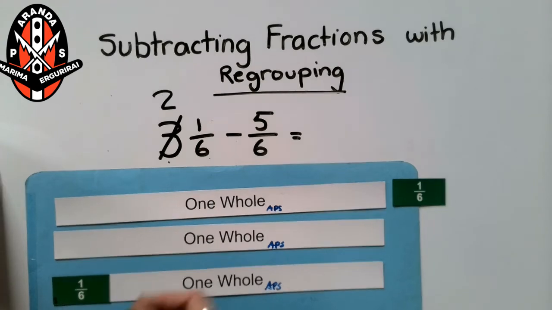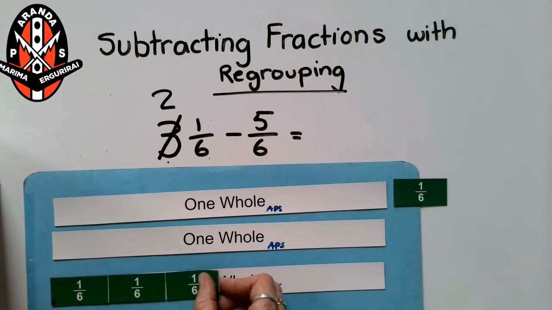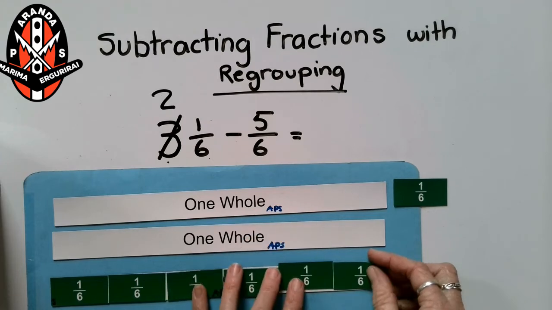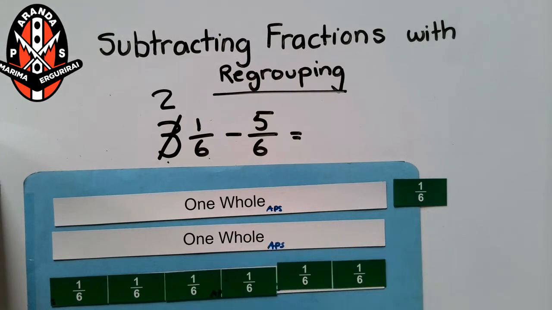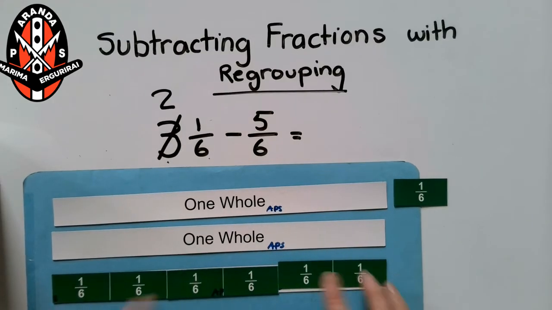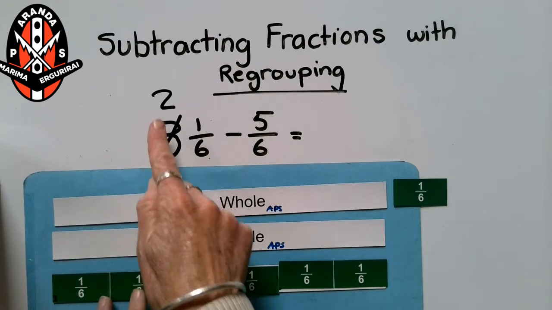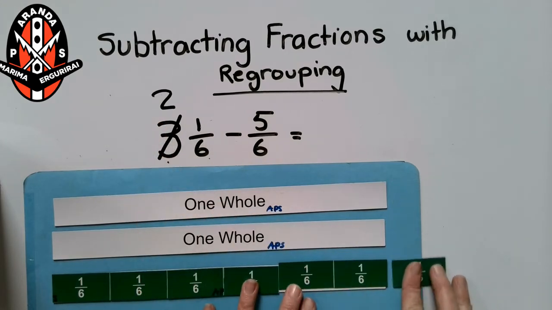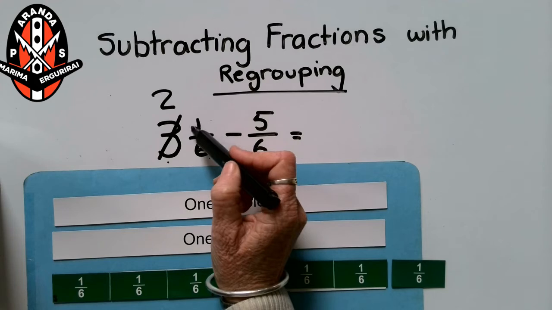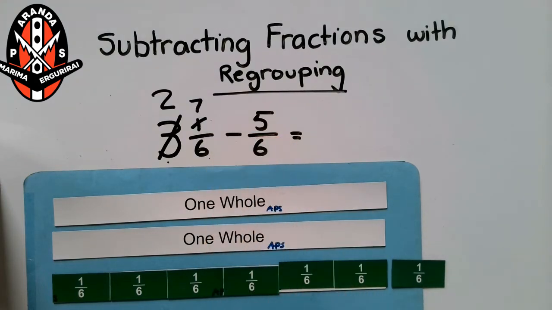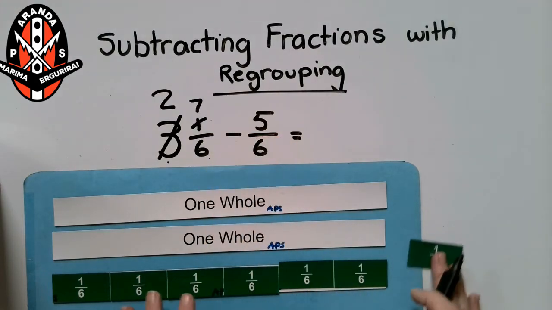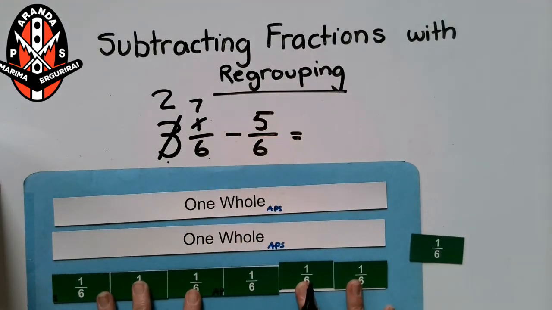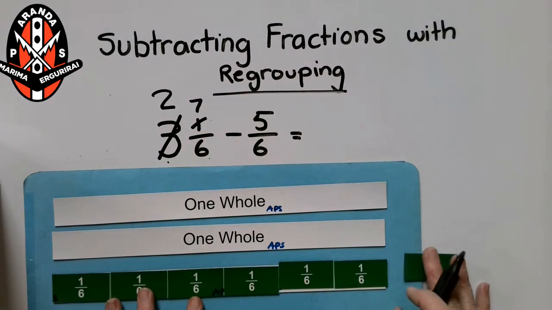And I know that if I put 6/6, that takes up that 1 whole. 6/6 is 1 whole. So I've taken the 1 whole out, I'm putting 6/6 in. So now in here, I have 7/6. Still got the same amount because this 6/6 is 1 whole plus this one. I've just written it differently.